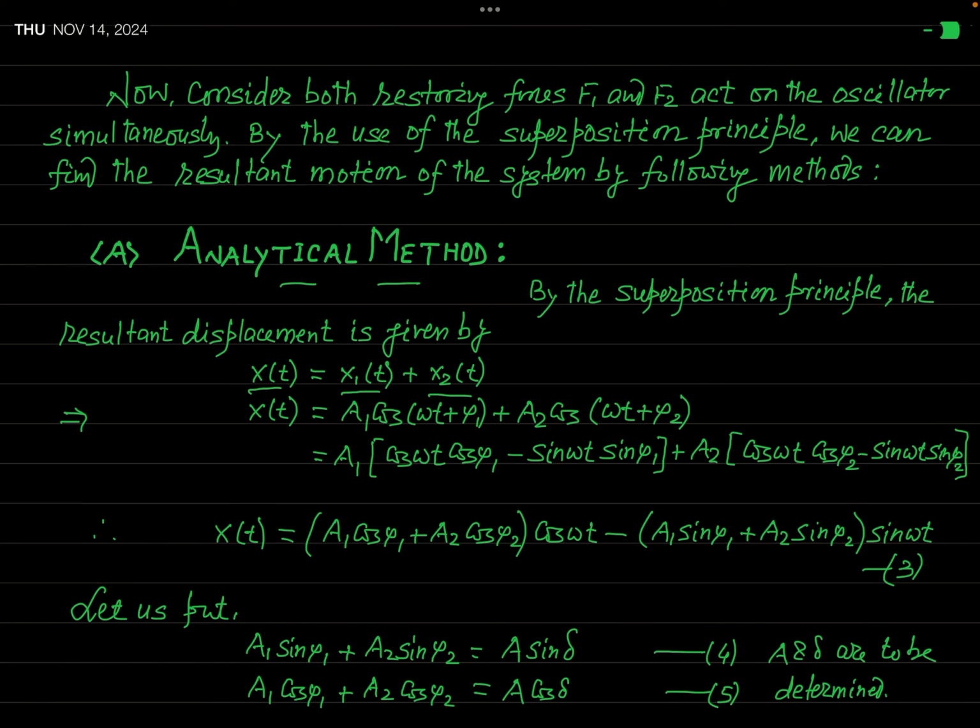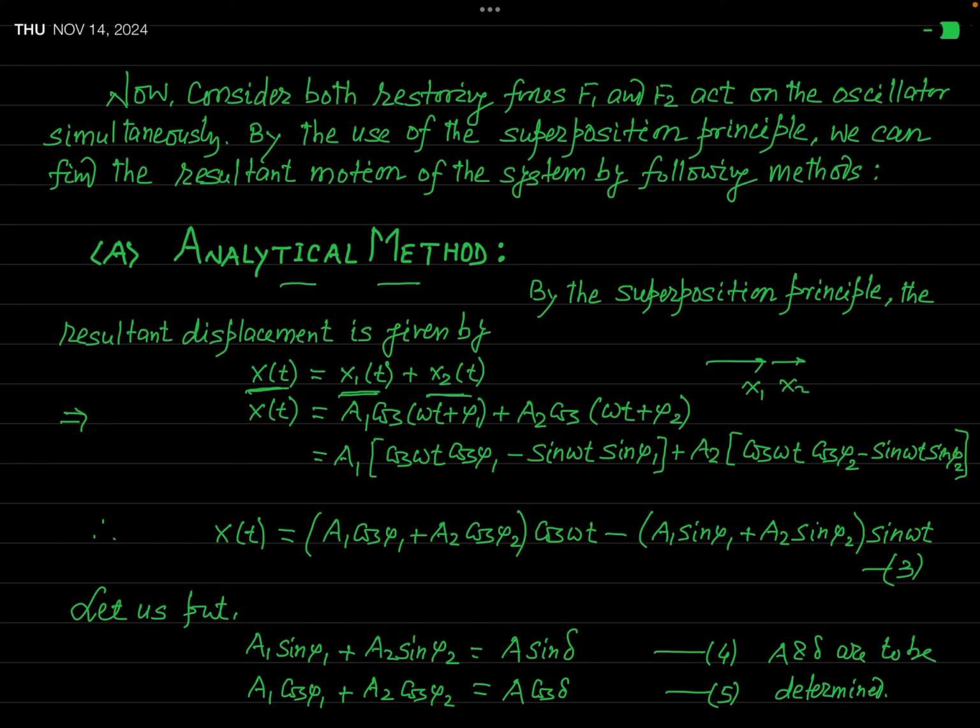As I have told you, in accordance with the superposition principle, the resultant displacement will be simply x1 of t plus x2 of t. Since we have considered that both x1 and x2 are in the same direction, the algebraic sum of x1 and x2 will be simply x1 of t plus x2 of t, and that will be equal to the resultant displacement x of t of the oscillator.